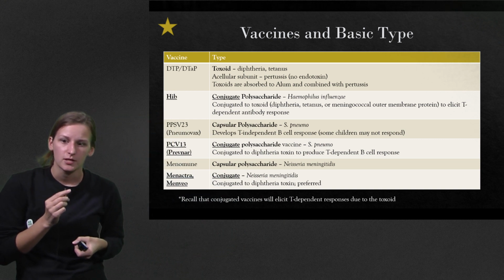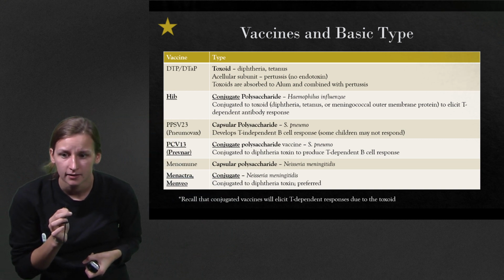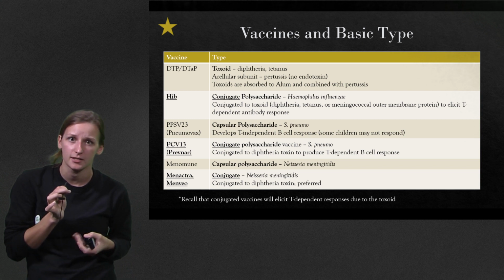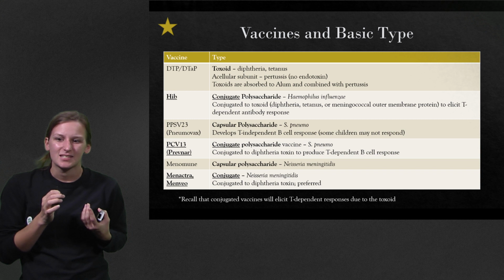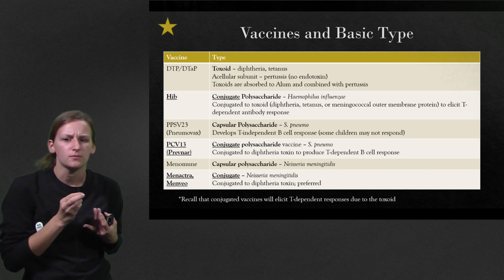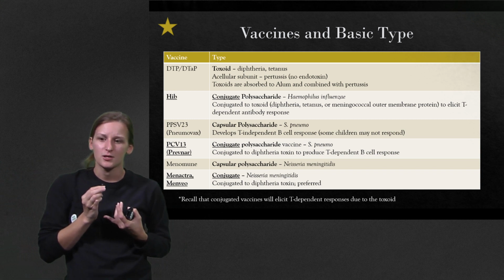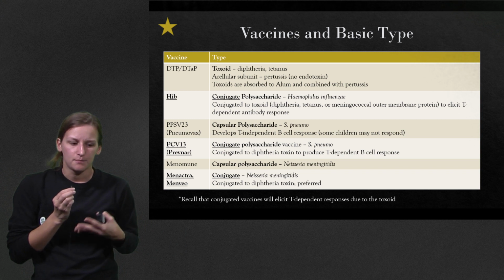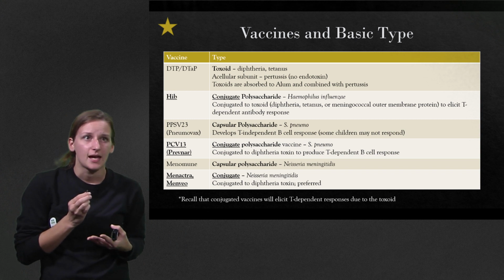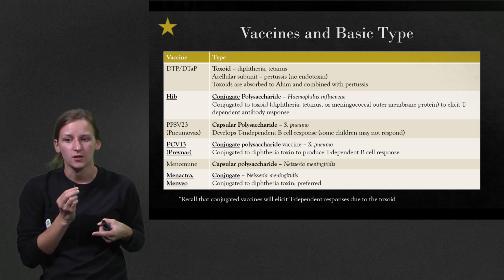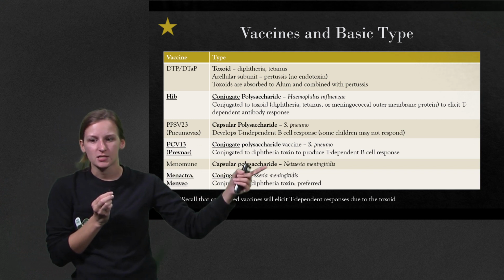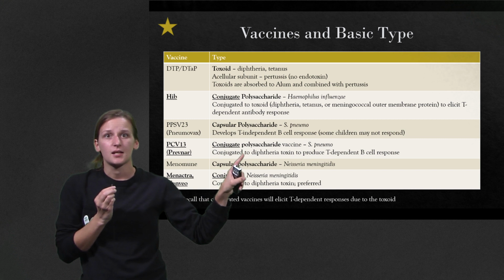So PPSV23 is a polysaccharide vaccine against Streptococcus pneumoniae, so it prevents pneumonia. This one is T independent, so some children might not respond well to it. This is the one that you give as a booster to elderly patients after they turn 65, for instance. Whereas PCV13 or Prevnar is also against strep pneumo, but it's a conjugated polysaccharide.